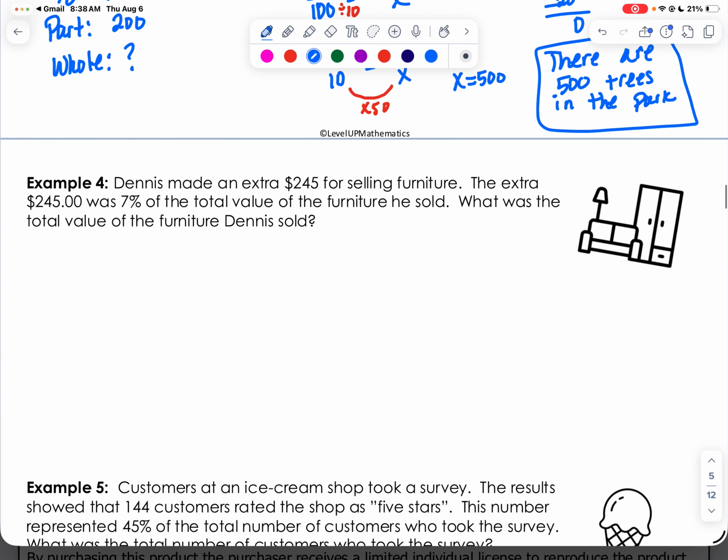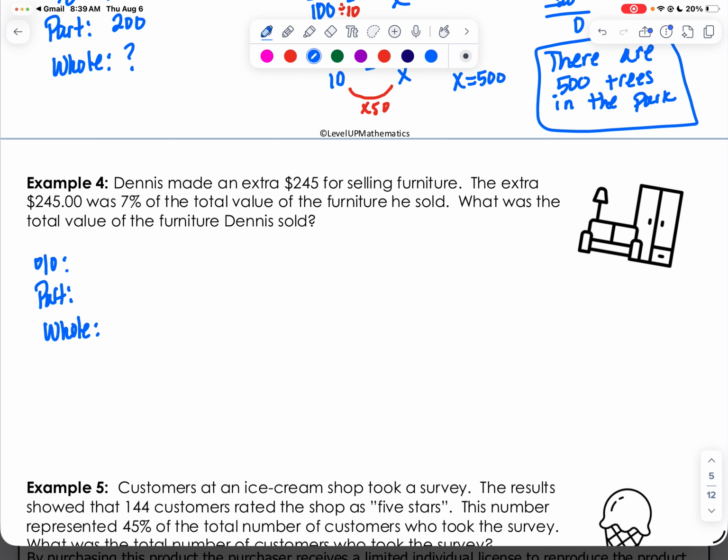All right, example 4. Dennis made an extra $245 for selling furniture. The extra $245 was 7% of the total value of the furniture he sold. What was the total value of the furniture Dennis sold? So we're going to find the percent, the part, and the whole.